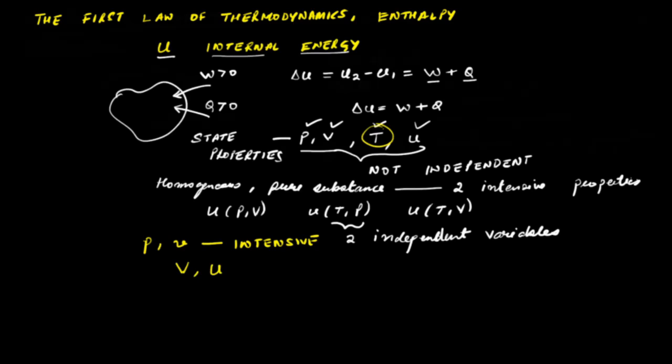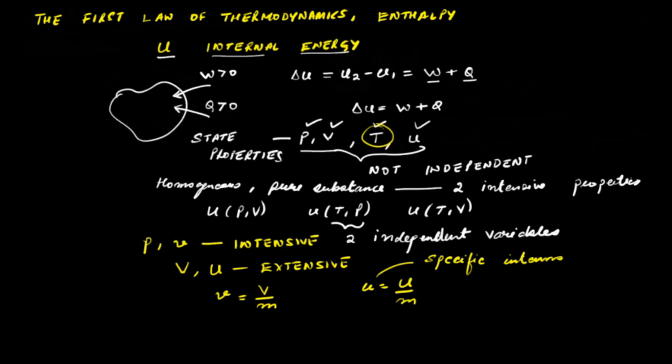Similarly, U, that is internal energy, is an extensive property. But recall that we can convert volume, and volume per unit mass is an intensive property, which is the specific volume. And similarly, we can say that internal energy per unit mass is the specific internal energy.